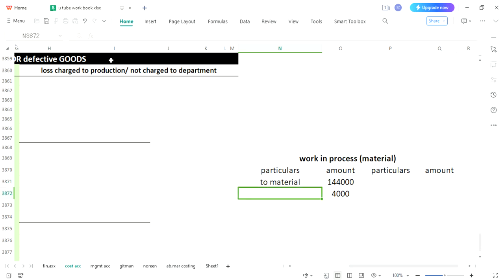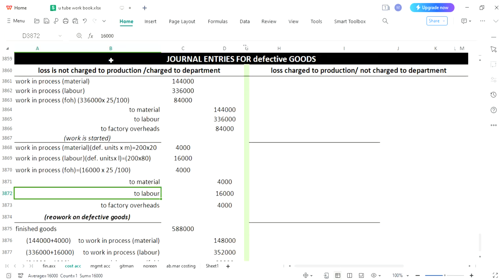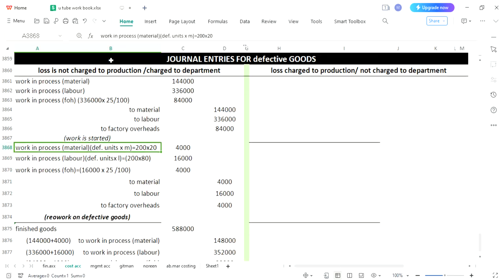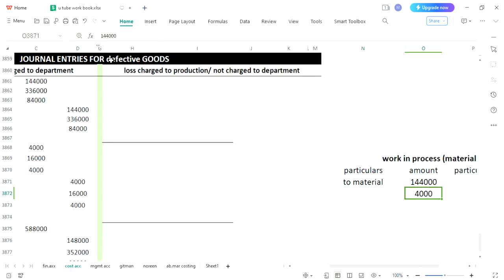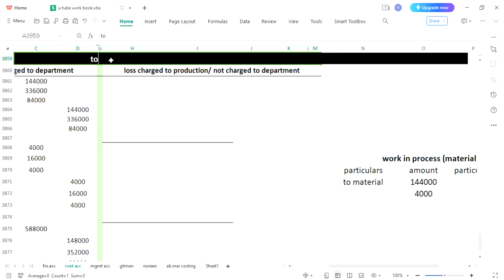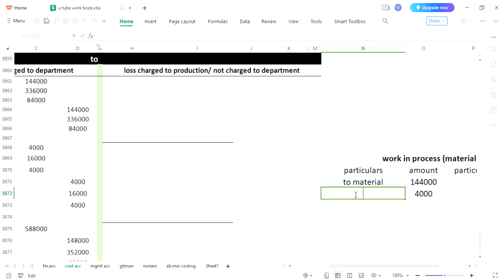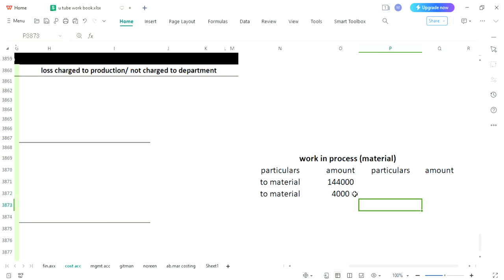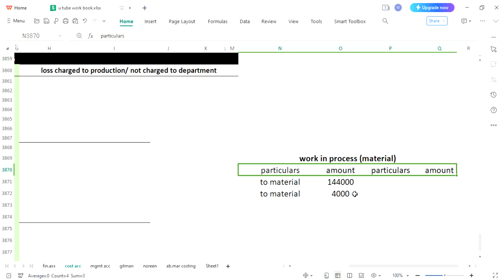In the next entry you can see that again work in process material was debit and on the opposite side 4,000 was written. So you will come over here and the same reference would be used over here, "to material". So this way there were only two entries and we have completed the ledger.